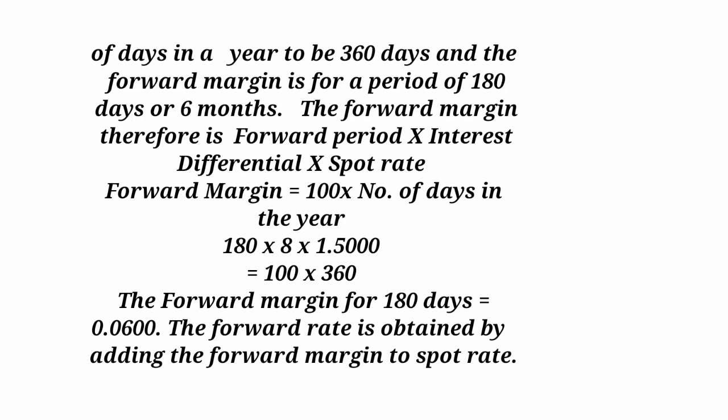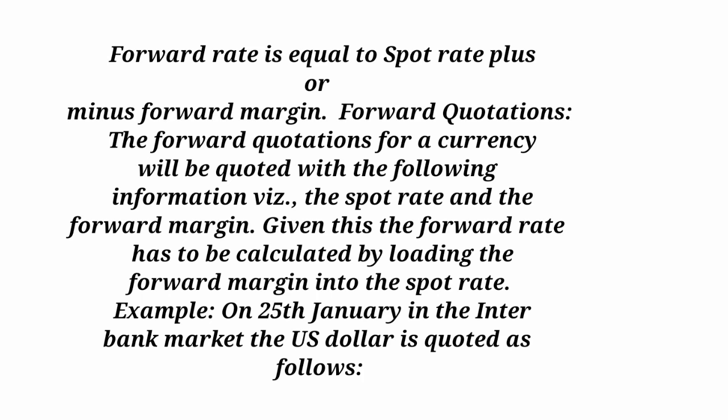The forward margin therefore is forward period times interest differential times spot rate, divided by 100 times number of days in the year: 180 times 8 times 1.5000 divided by 100 times 360. The forward margin for 180 days equals 0.0600. The forward rate is obtained by adding the forward margin to the spot rate. Forward rate is equal to spot rate plus or minus forward margin.